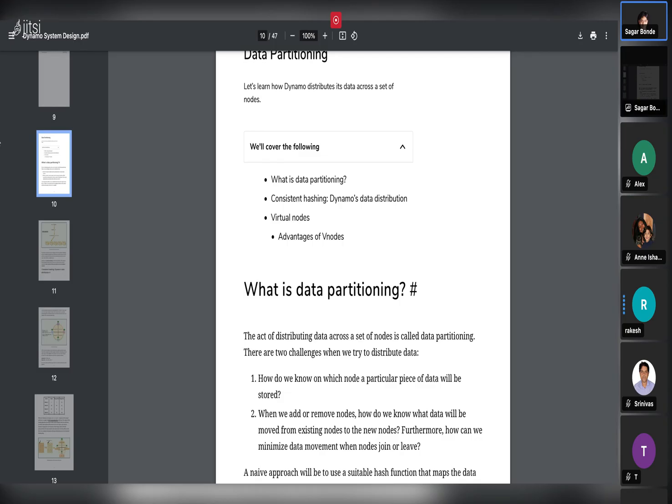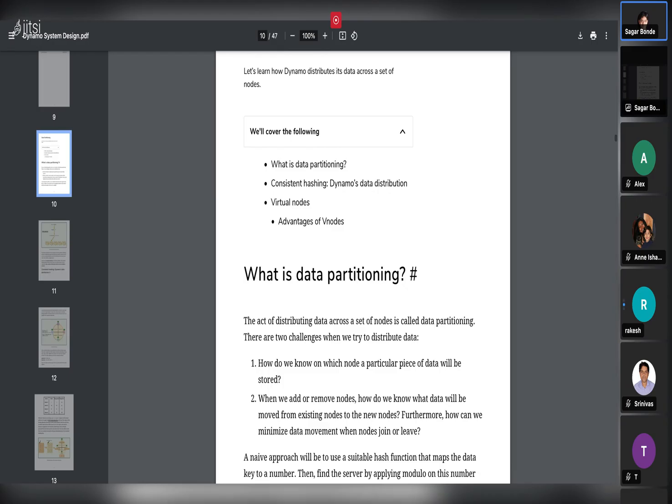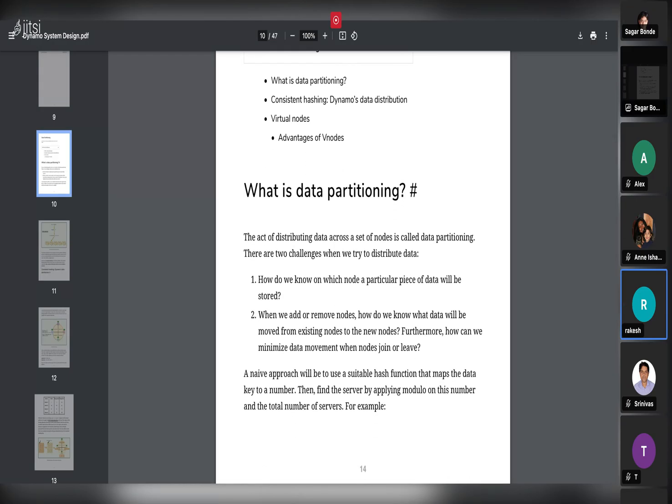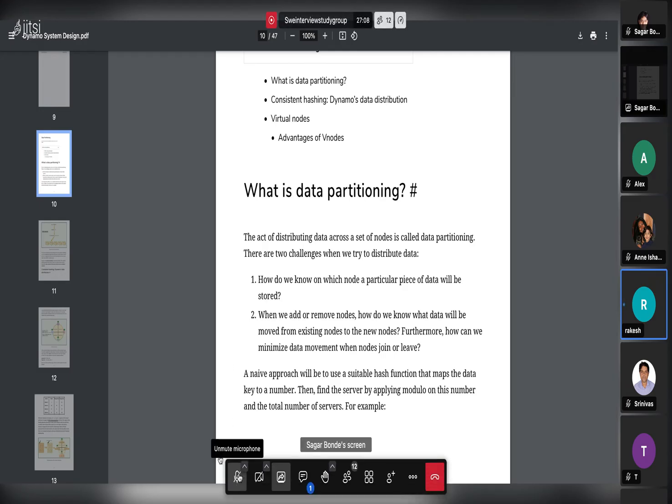So here we will discuss what data partitioning is. The act of distributing data across a set of nodes is called data partitioning. There are two challenges when we try to distribute data. When they say data across a set of nodes, those nodes must be part of the cluster, right?